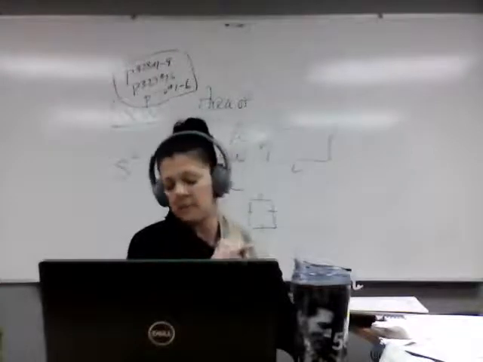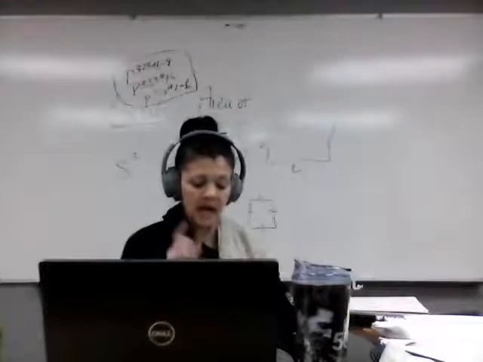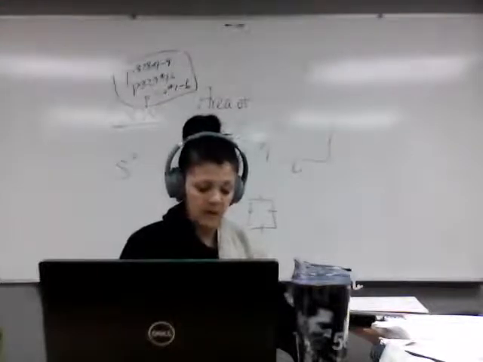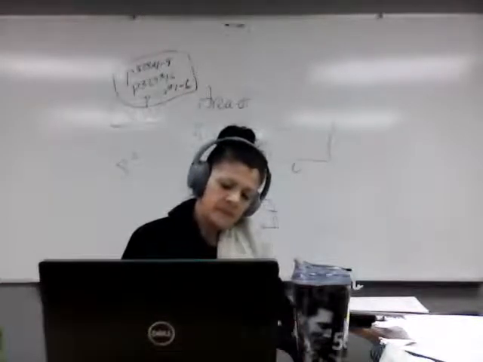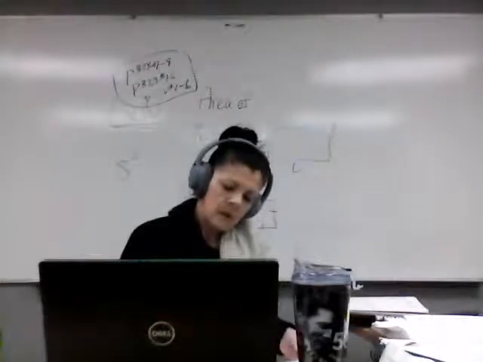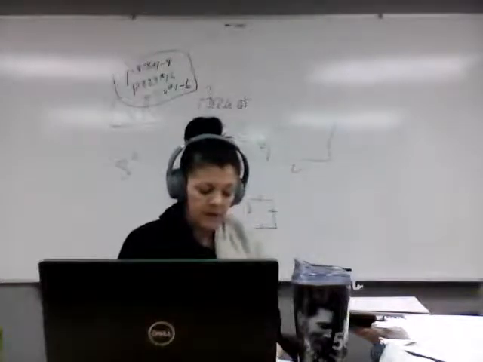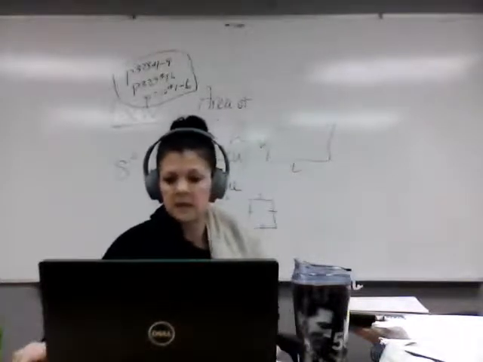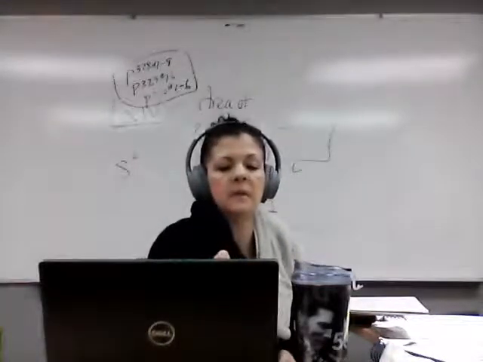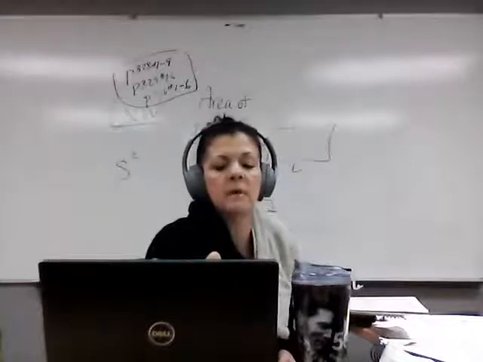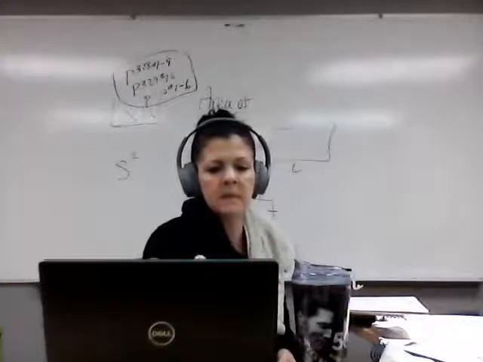Remember, because it has 3 sides, for the triangle, the apothem equals the square root of 3 over 6 times the side.